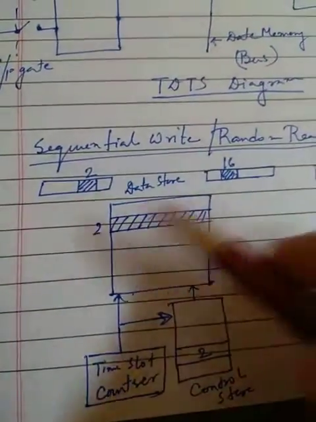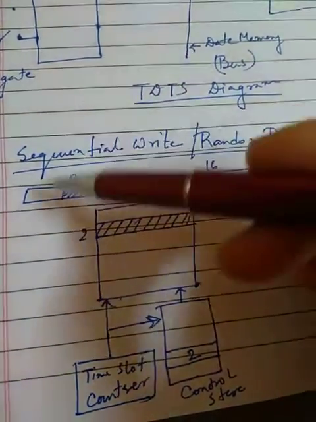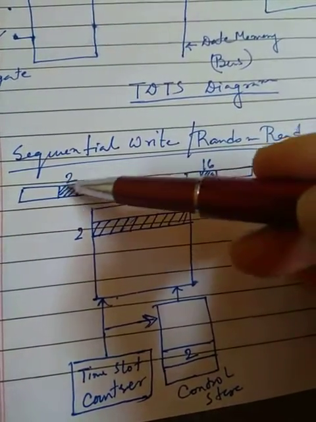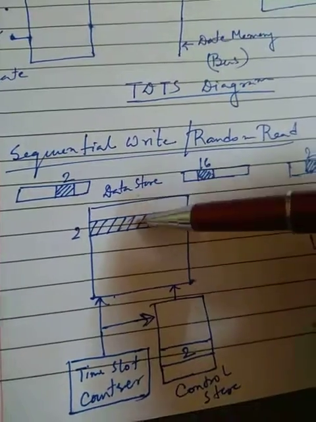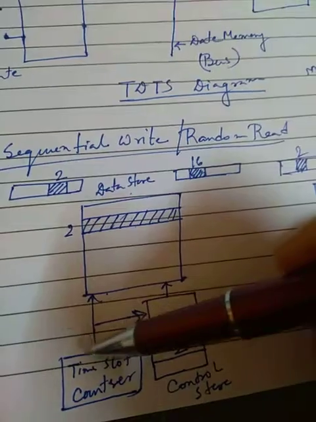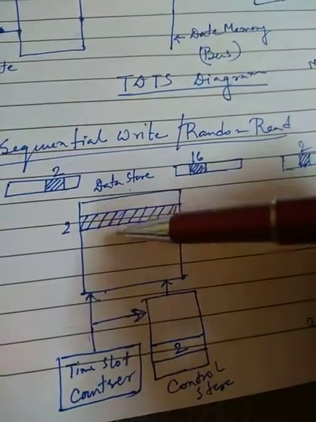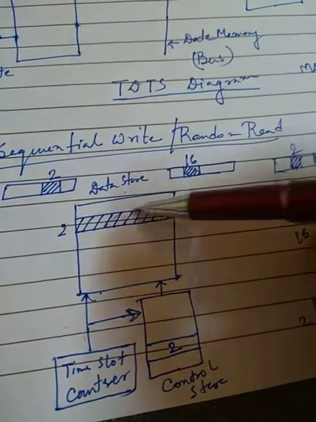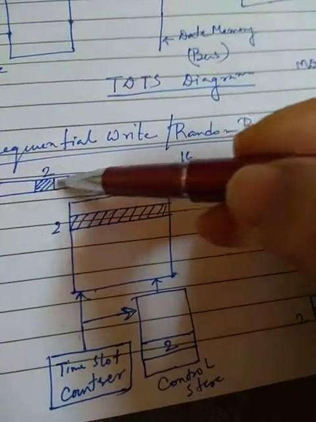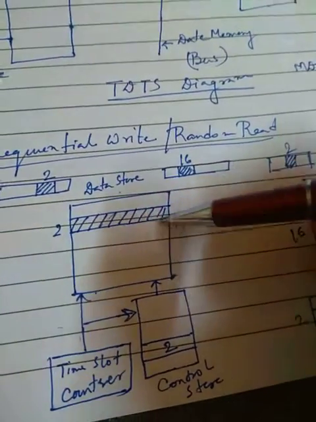This is the data store, this is a time slot counter, and this is the control store. So for sequential write, particularly we can see that the second time slot is coming. As it is a sequential write, based on this time slot counter, when it increments to 1 then 2, my data store's second position will hold the data of the second time slot. Whatever data is coming in the second time slot is stored in this second position.